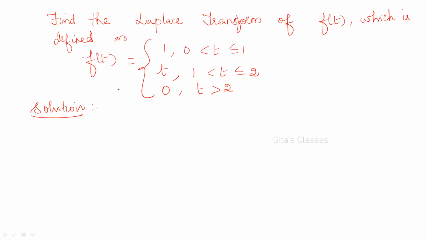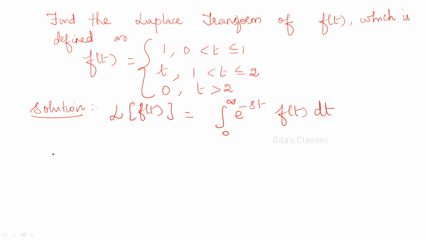Sometimes you will be asked to find the Laplace transform of functions defined piecewise like this. Then you have to apply the formula. L of f(t), by definition, is integral 0 to infinity e^(-st) f(t) dt, right?